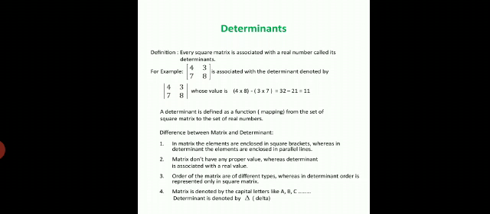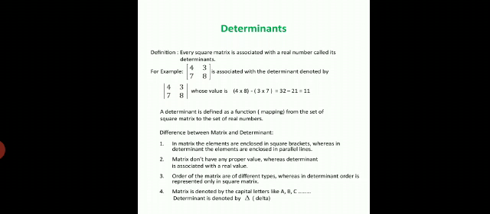Second one, a matrix doesn't have any proper value. After expansion we will get a matrix only again, whereas a determinant is associated with a real value as shown in the above example.